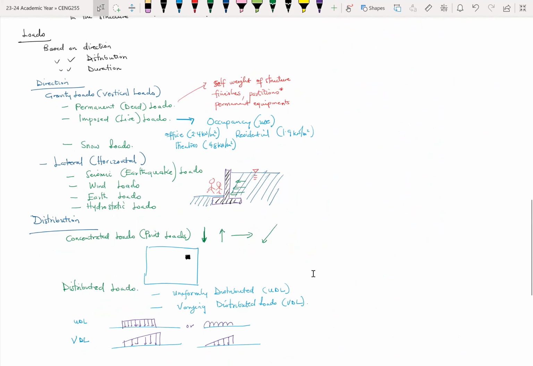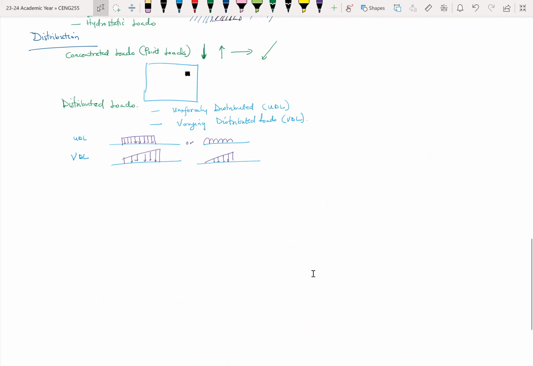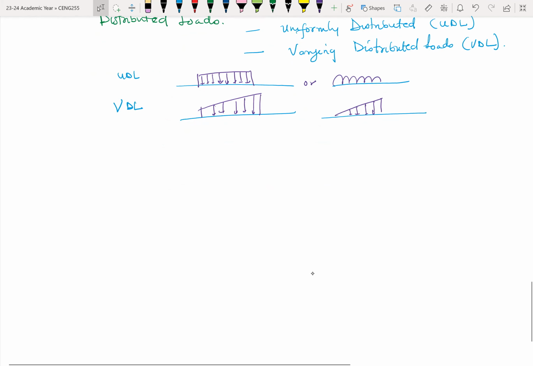Okay. So now let's look at supports. You learned a few supports in year one. One of them is a pin support, or a hinge support.